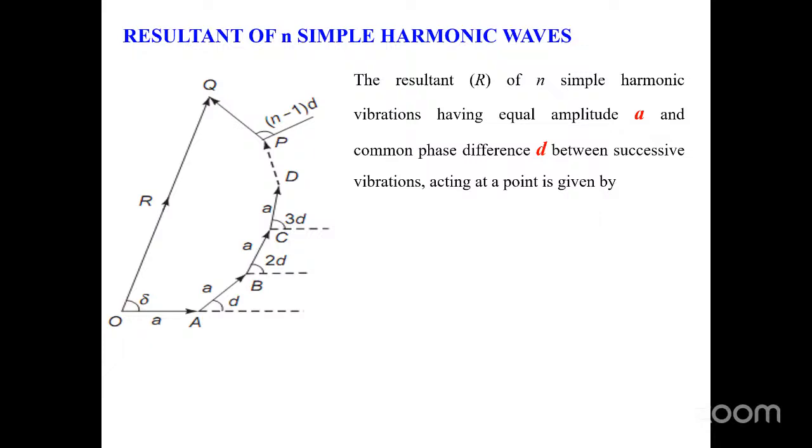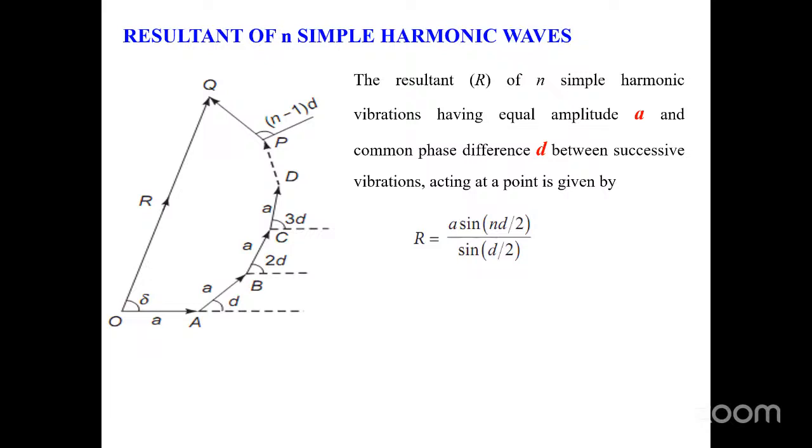After doing the calculations, the resultant amplitude value is A sine nd by 2 by sine d by 2. We directly use this equation to find the intensity of a point on the screen due to Fraunhofer diffraction from a single slit, or double slit, or n number of slits.